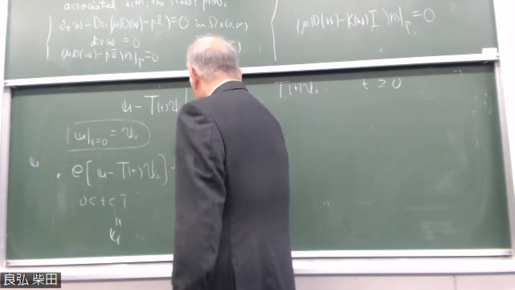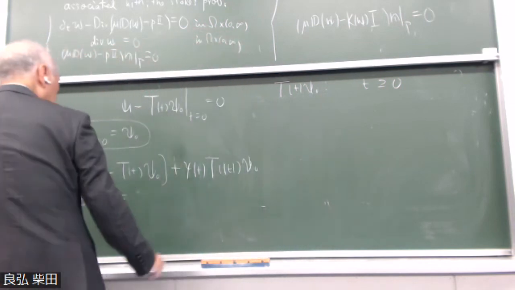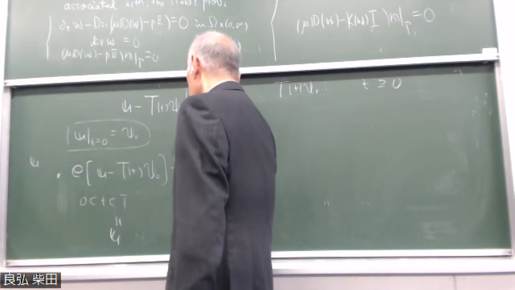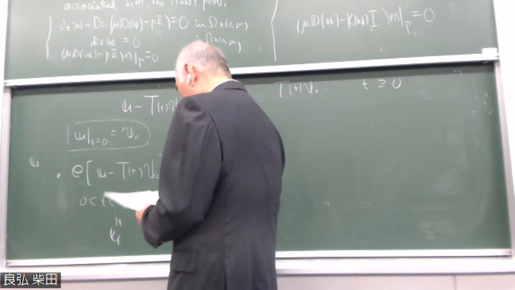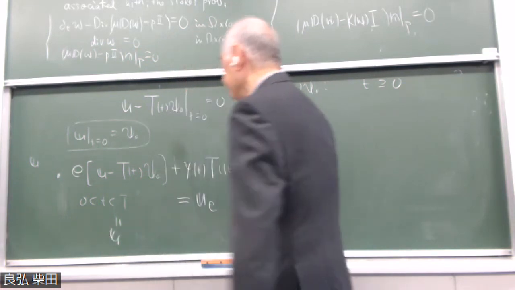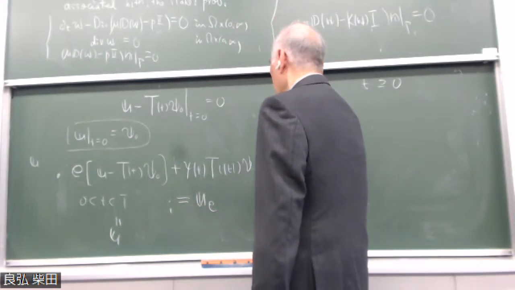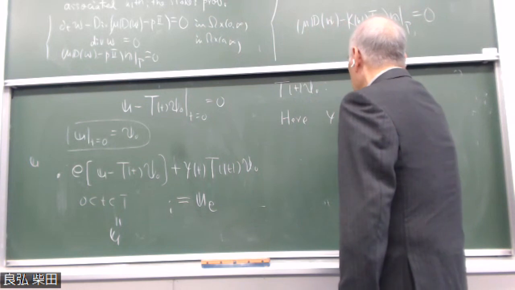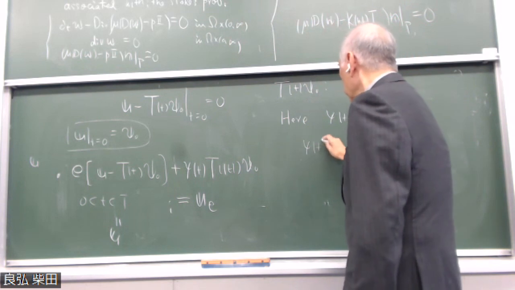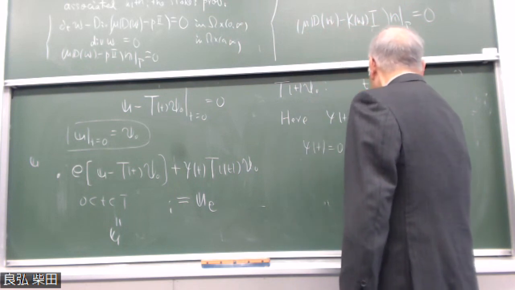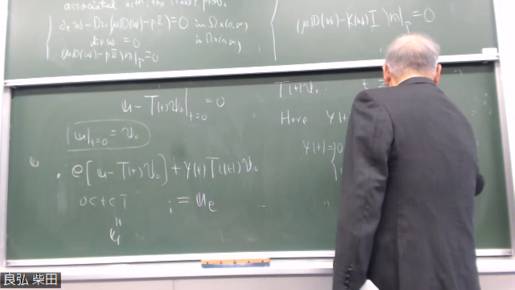Therefore, this is the extension for U. Here, the cutoff is a C-infinity function, equal to 1 for t near 0 and 0 for t below minus 1.